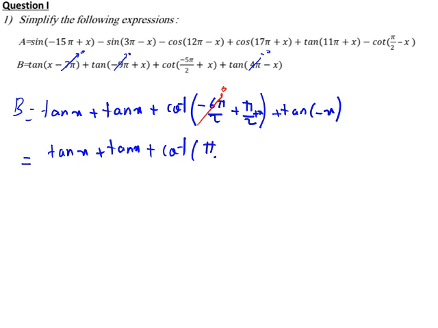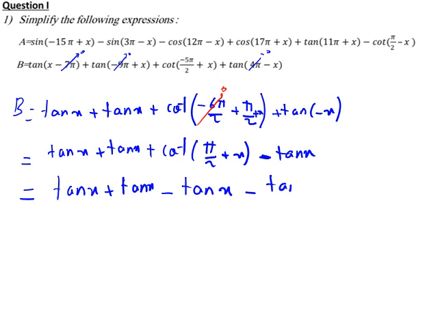Cotangent of pi over 2 plus x is minus tangent x, and tangent of minus x is minus tangent x. Minus tangent plus tangent is 0. The answer is 0.